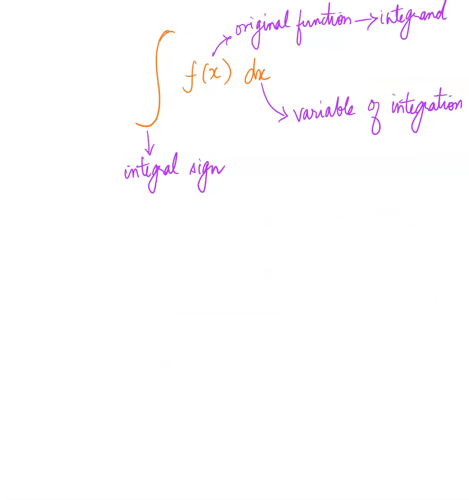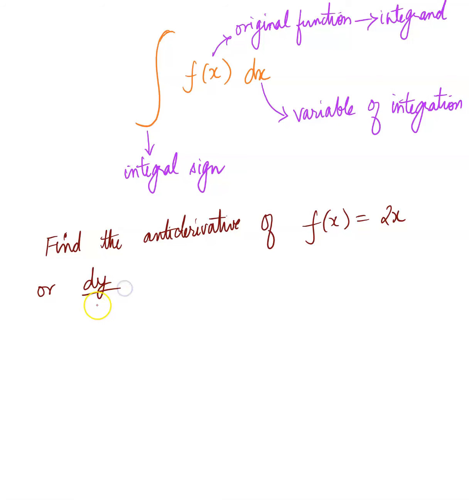Given the change in notation, a problem that reads as find the antiderivative of, say, f of x equals 2x, or it could be given to you as a differential equation, dy over dx is 2x.